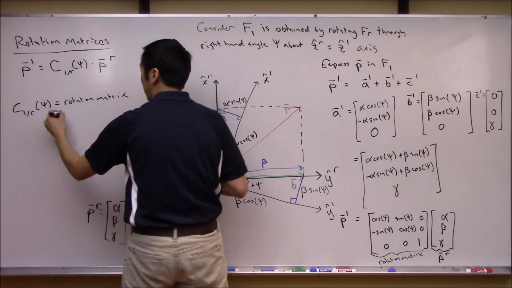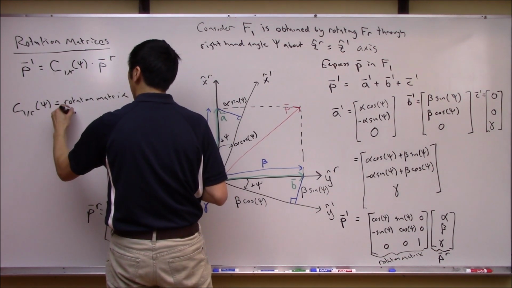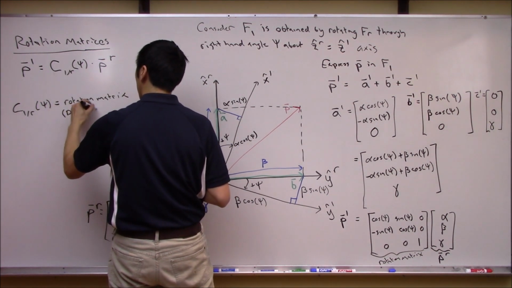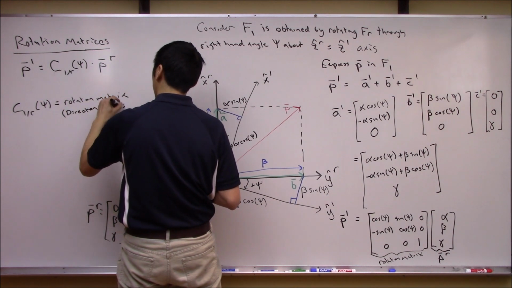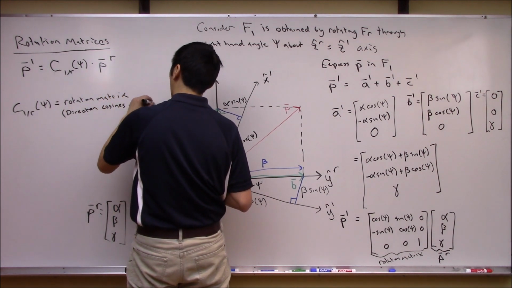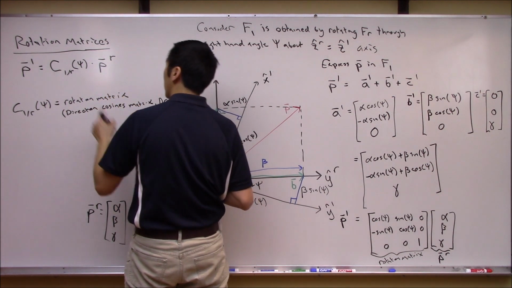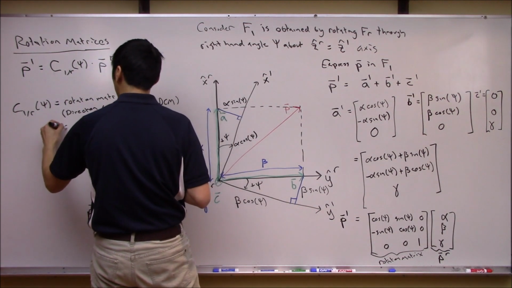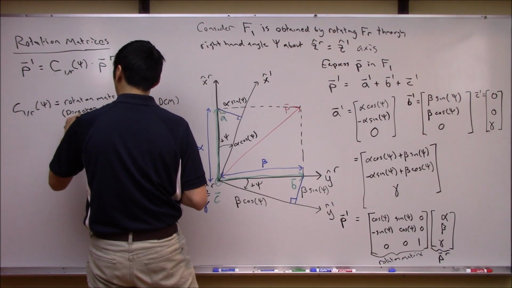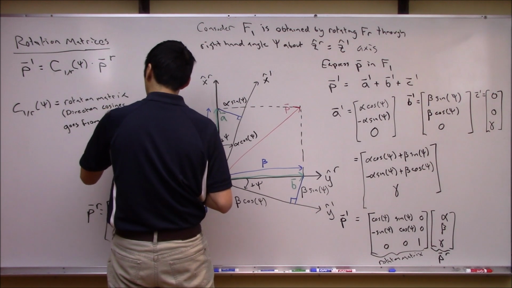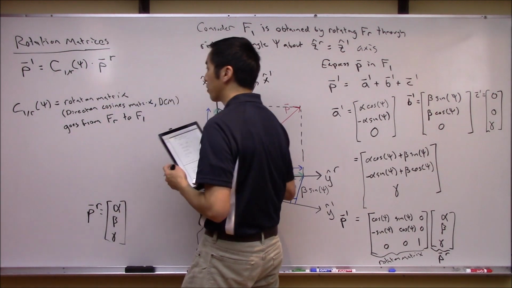Sometimes you might hear this called a direction cosine matrix, or a DCM. This rotation matrix goes from frame R to frame 1.